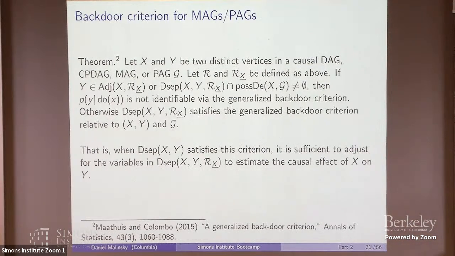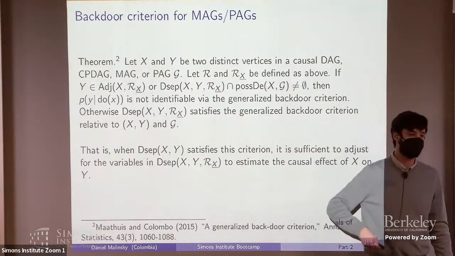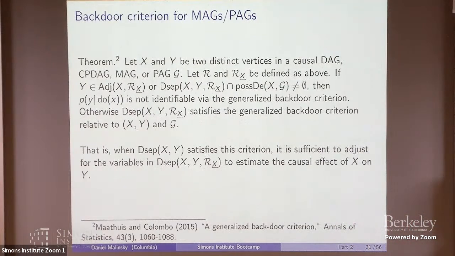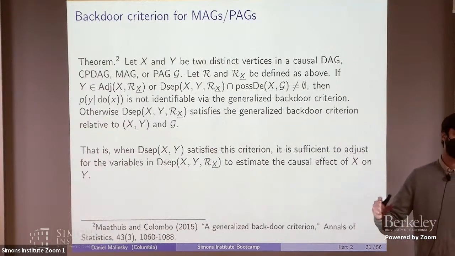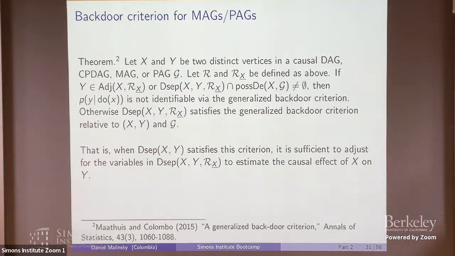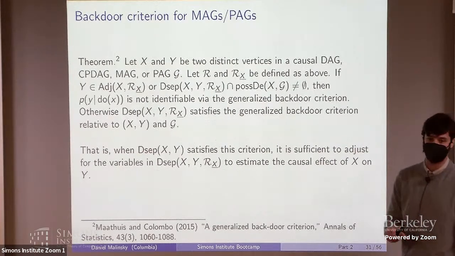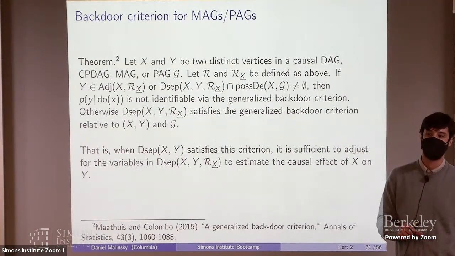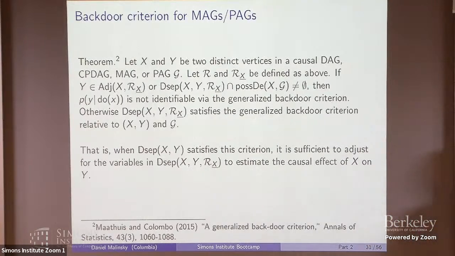I won't go into it, but if you satisfy this criterion, then this set DSEP that is calculable from the graph is a sufficient backdoor adjustment set. So it means that if this criterion is met, I can estimate the causal effect by adjusting for that backdoor set in the MAG or PAG.